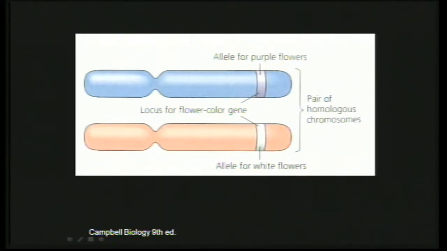For example, in the picture, the upper chromosome has the allele for purple color, and the lower chromosome has the allele for white flower color. So this plant is a heterozygous individual because it has two versions of the alleles. So in a monohybrid cross, you cross individuals which have different alleles for the same character.